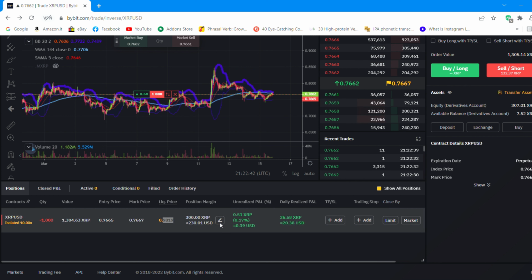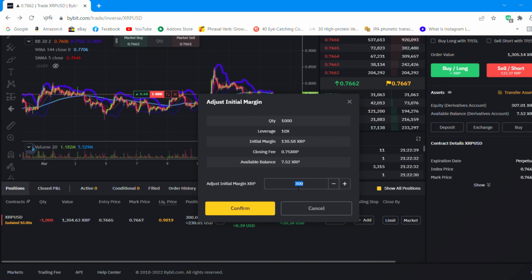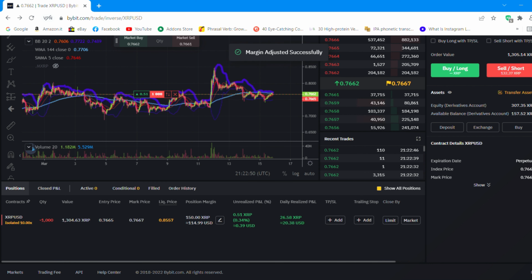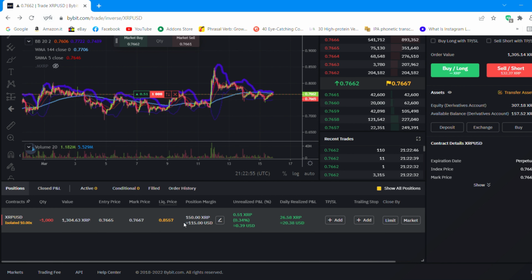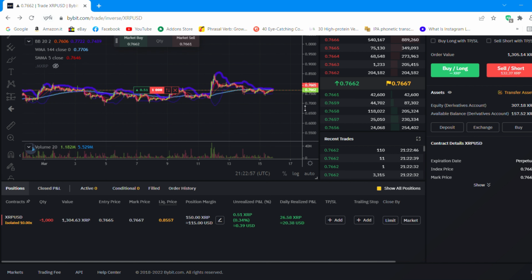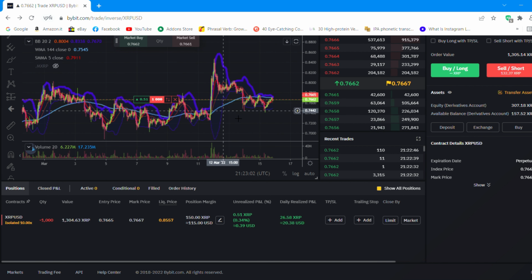Now I'm going to take this money out, the 150, because I want to use it for DCA. So once I have my margin covering my liquidation, I'll let the trade run.